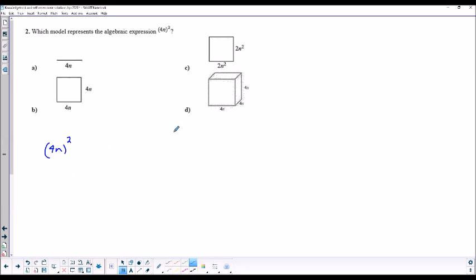Okay, well, this part A, that's just a line. So that's just one length, and the length of that is 4n. Over here, we're looking at area again.